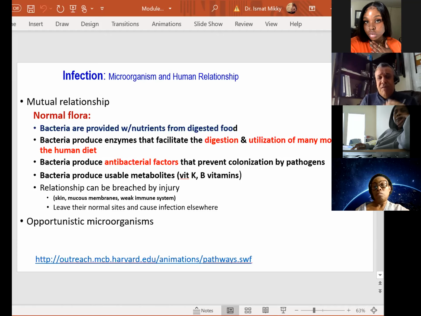So previous to the advent of using probiotics with antibiotics, patients used to develop problems.